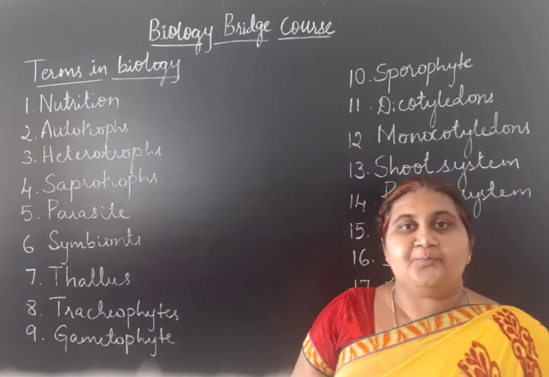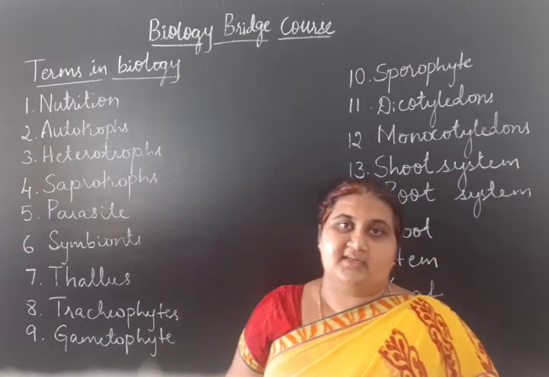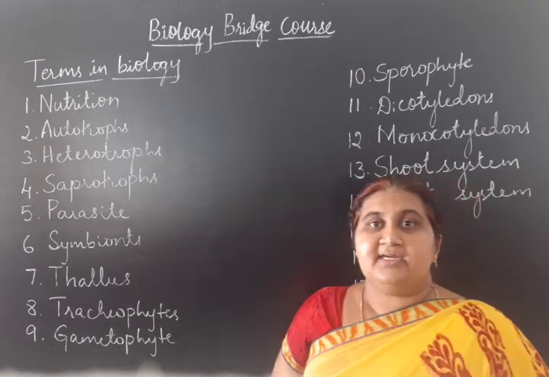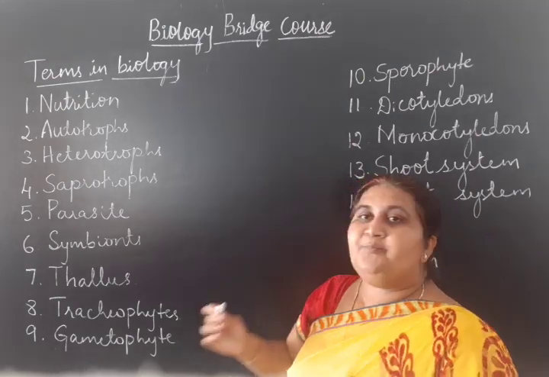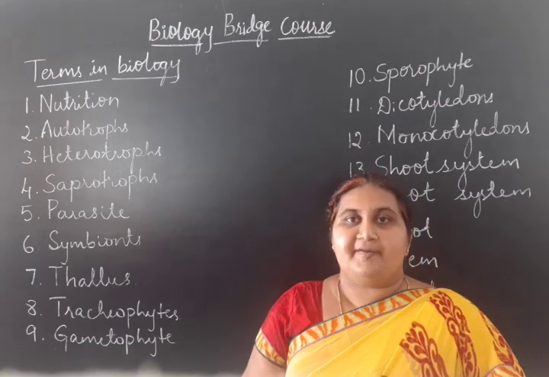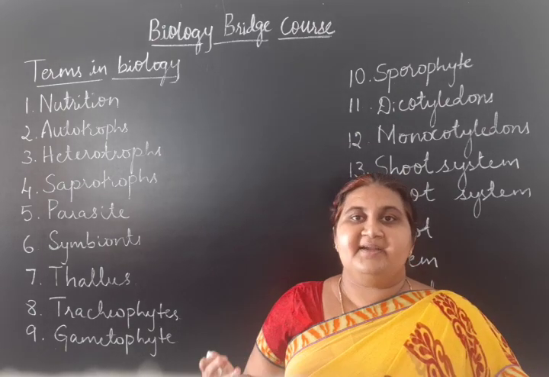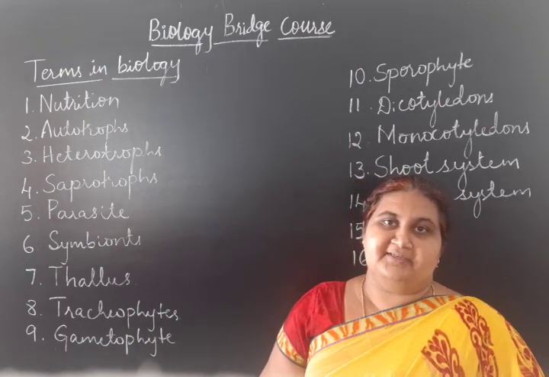Heterotrophs. Hetero means other, trophos means nourishment. For their nourishment, these organisms are dependent on others. Heterotrophs are the group of organisms which are dependent on others for their nourishment.